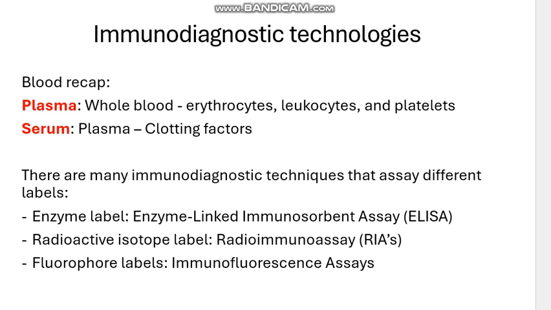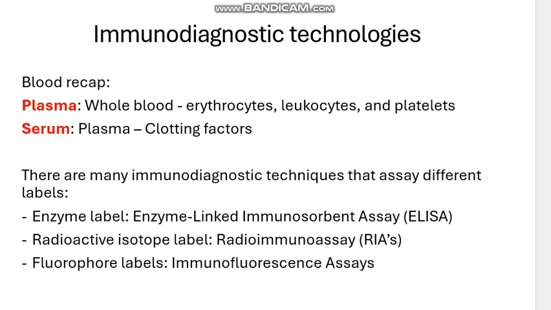There are many immunodiagnostic techniques that use different labels, like an enzyme label. Basically, we're using these different labels to determine the presence of a specific protein or antigen within a blood sample.